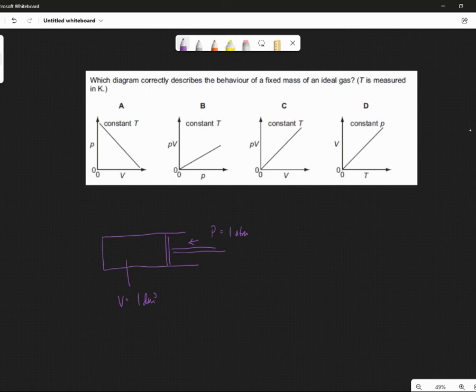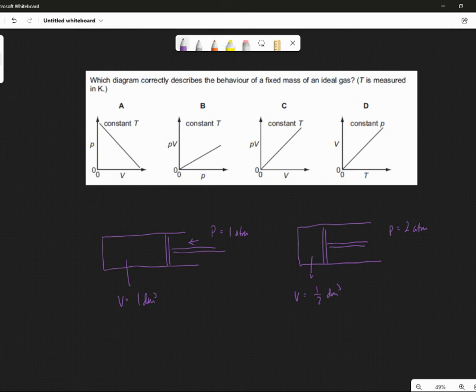Now I'm going to double the pressure and push my gas in, so pressure is equal to 2 atmospheres. What's going to happen to the volume? The volume is going to go to 1/2 a decimeter cubed. Does that make sense? So far, so good.